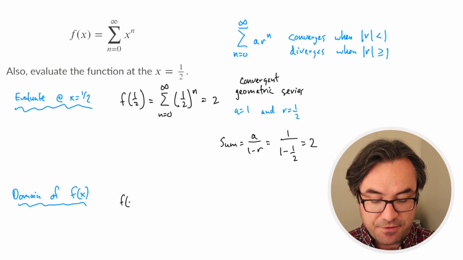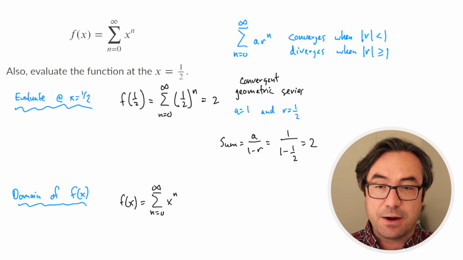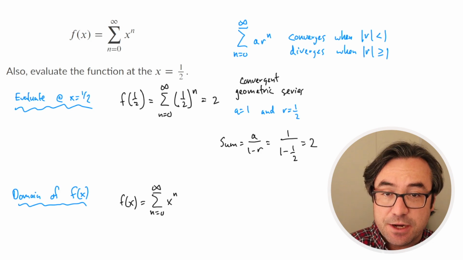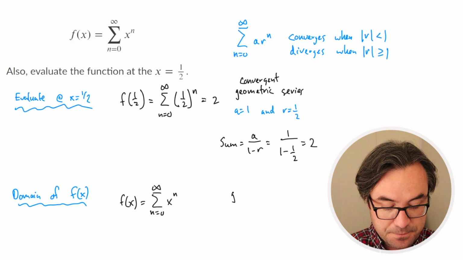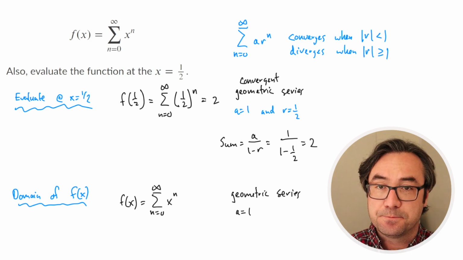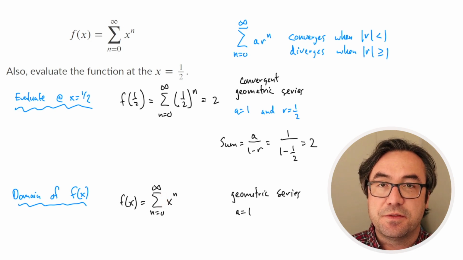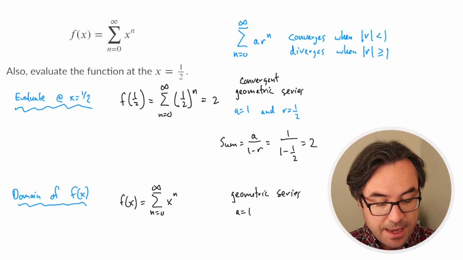So our function f of x, which is written as the sum from n equals 0 to infinity of x raised to the power n, is a geometric series. The a value is still 1. That's just the number in front of the r value here.